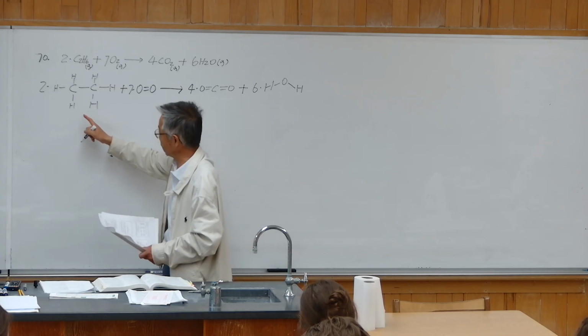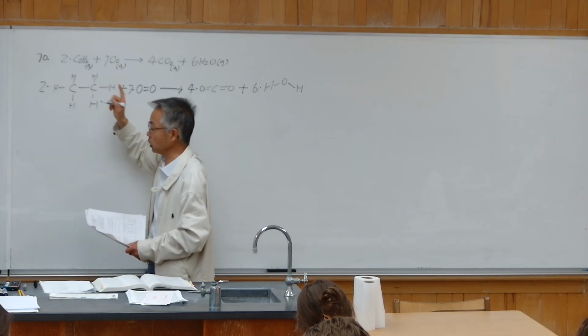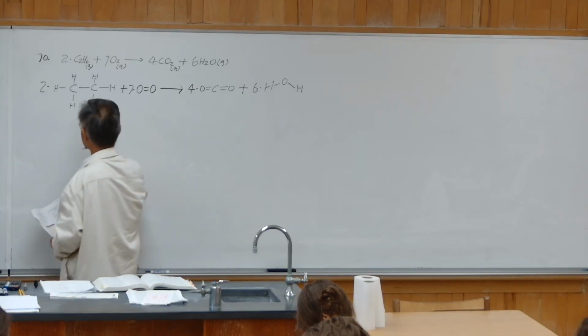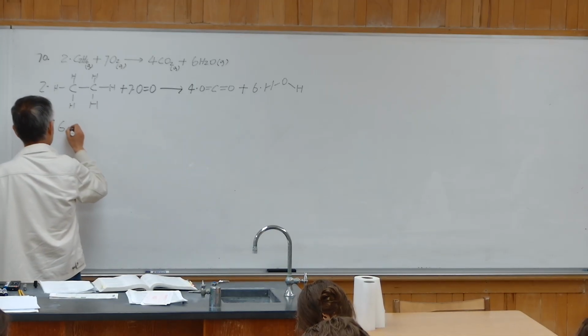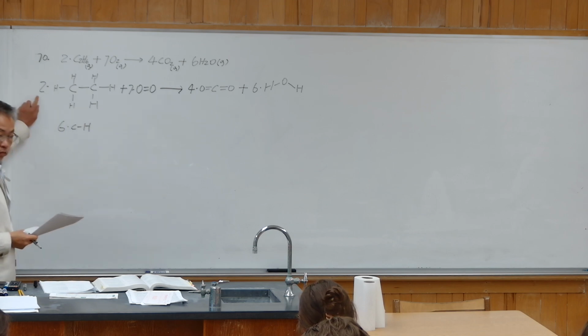So for this case, there are 1, 2, 3, 4, 5, 6 carbon-hydrogen single bonds. 6 carbon-hydrogen single bonds. But don't forget, we have 2 in front of it.